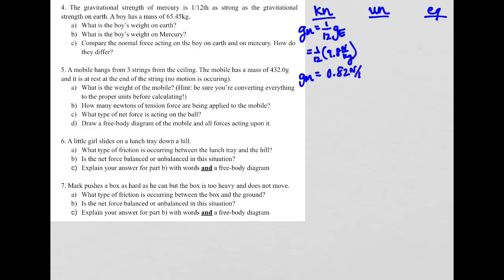and we find that the gravitational strength on Mercury is 0.82 newtons per kilogram. So we know gravitational strength. We know that the boy's mass is 65.45 kilograms. And we are looking for the boy's weight, Fg, on Earth. All right, so we will use our equation, Fg equals mass times gravitational strength. We don't have to rearrange anything here.